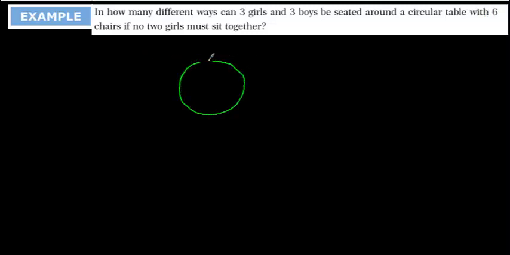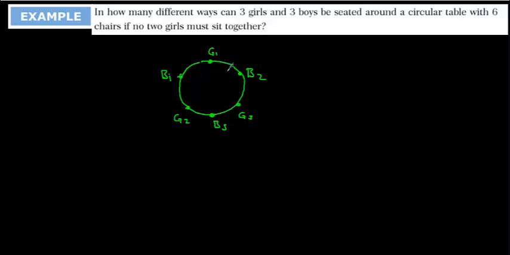When you put them around the circular table, let's say this is girl 1, girl 2, and girl 3, then boy 1, boy 2, and boy 3 sit between them. No 2 girls sit together, and boys are not sitting together either. It's going to be one boy, one girl order.